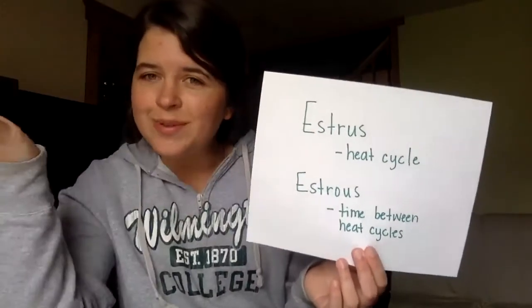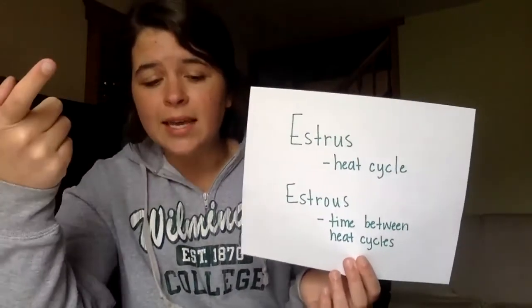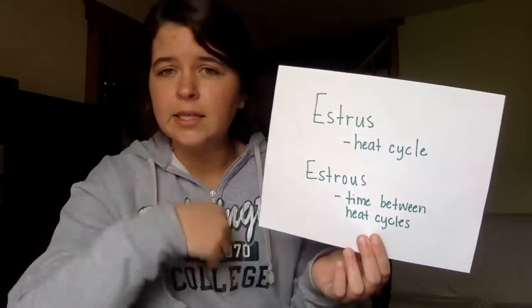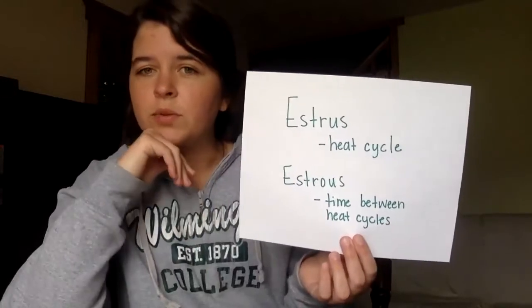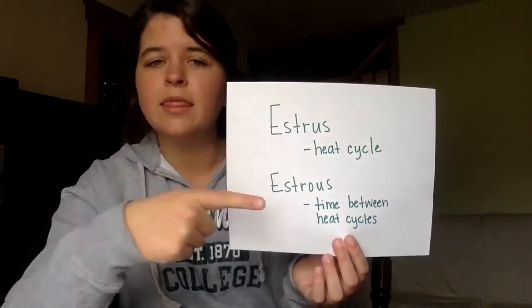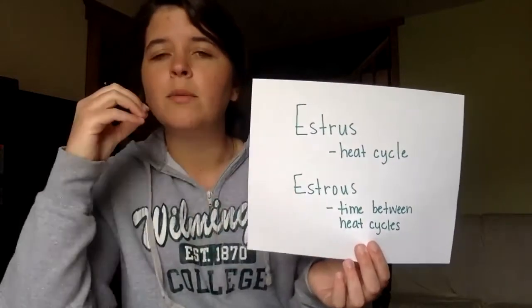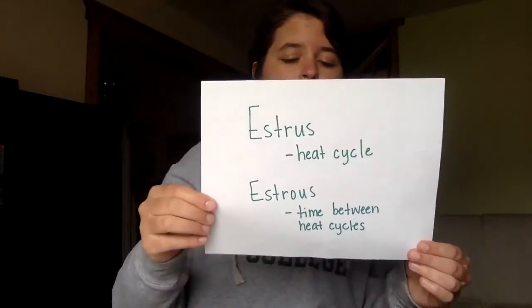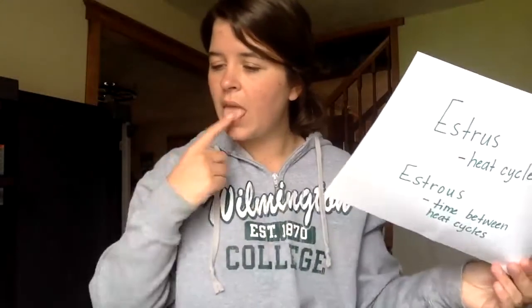In humans, that cycle happens every 28 days. In some different animals, it could be 16, it could be 21, it could be all sorts of things. So this is the actual heat cycle itself, and this is the amount of time that passes between those heat cycles, okay?